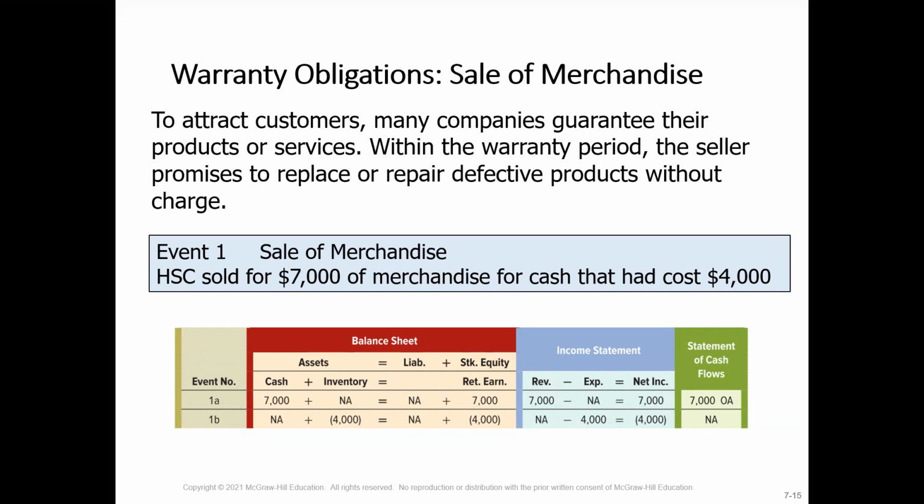So we decrease inventory and increase cost of goods sold by $4,000. In terms of the statement of cash flows, the only event which has any bearing on it is event 1A, where we received cash.